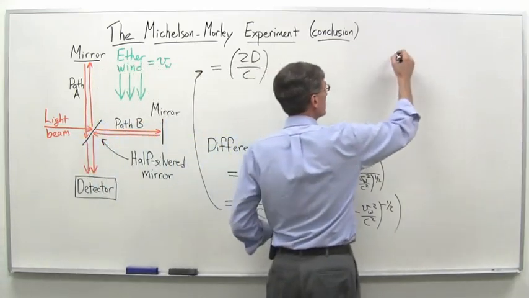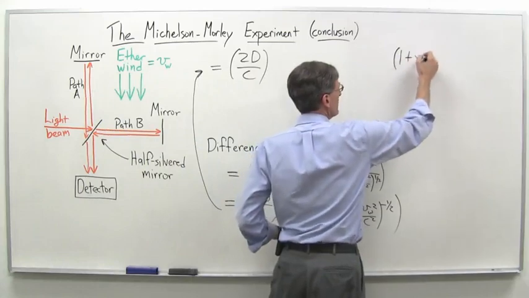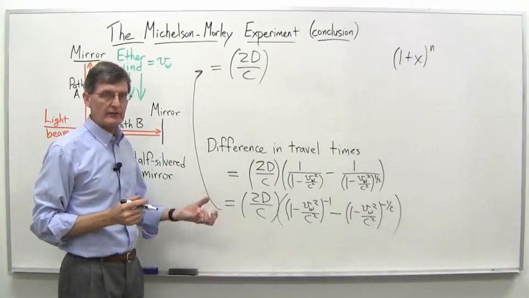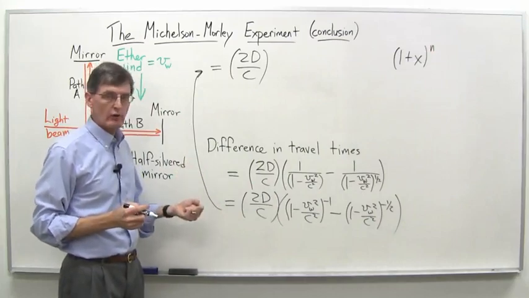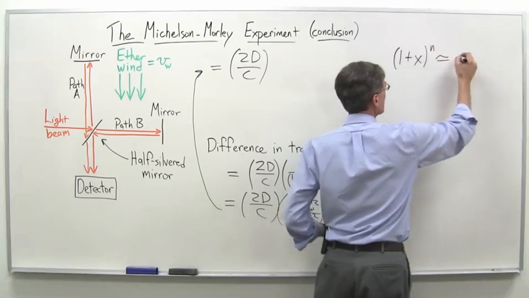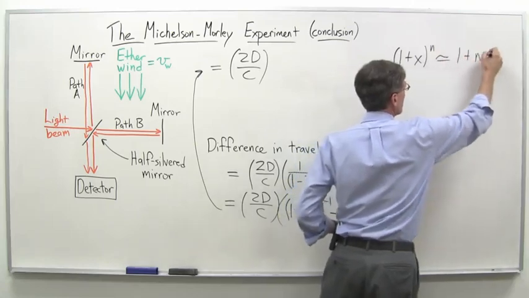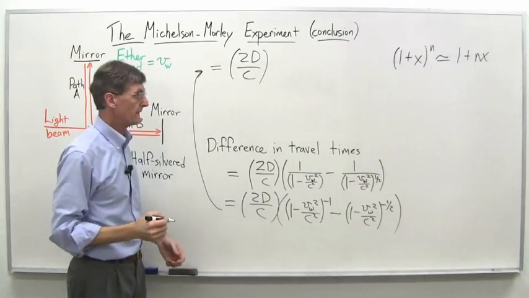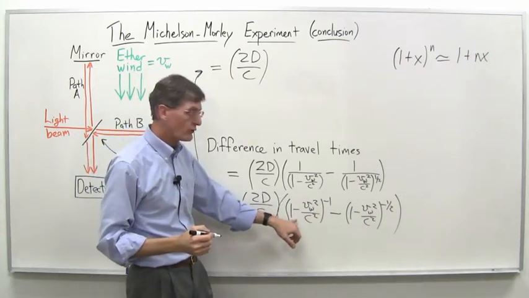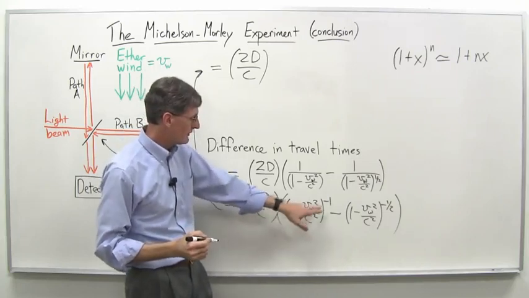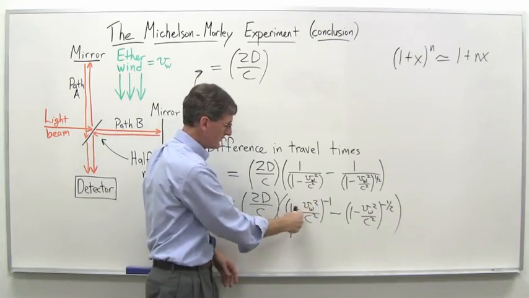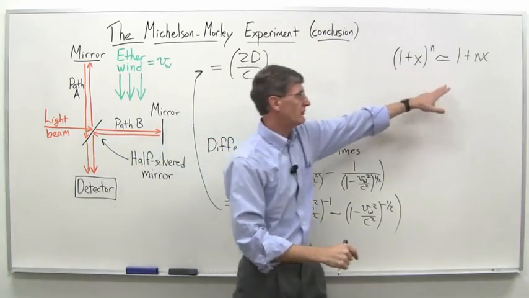When we have something like (1 plus x) to the n, if x is much smaller than 1, then we can write this as approximately equal to 1 plus nx. Note this is why I rewrote this here. This is the form we have. X in this case is v_w squared over c squared, and if I have a minus sign, this just becomes a minus there.